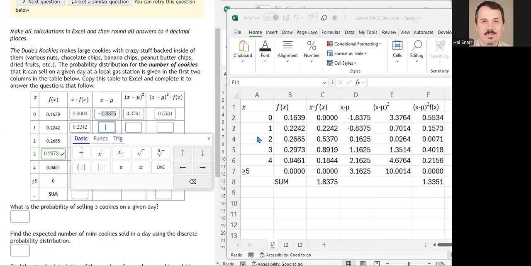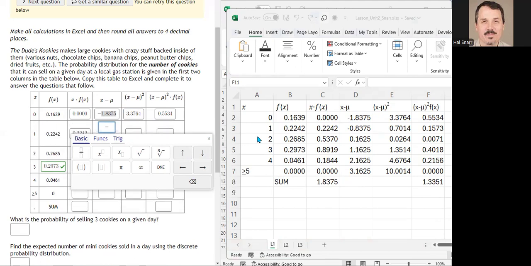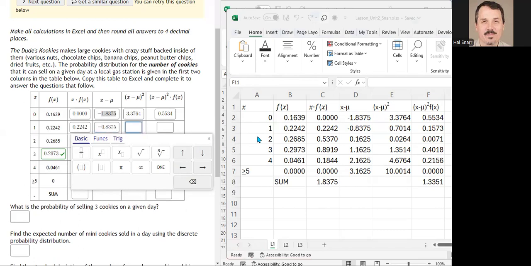And 1 is below the mean, by 0.8375. The negative means it's below the mean, right? And then I square that, and I get 0.7014. Notice the square deviation from the mean has declined, right?